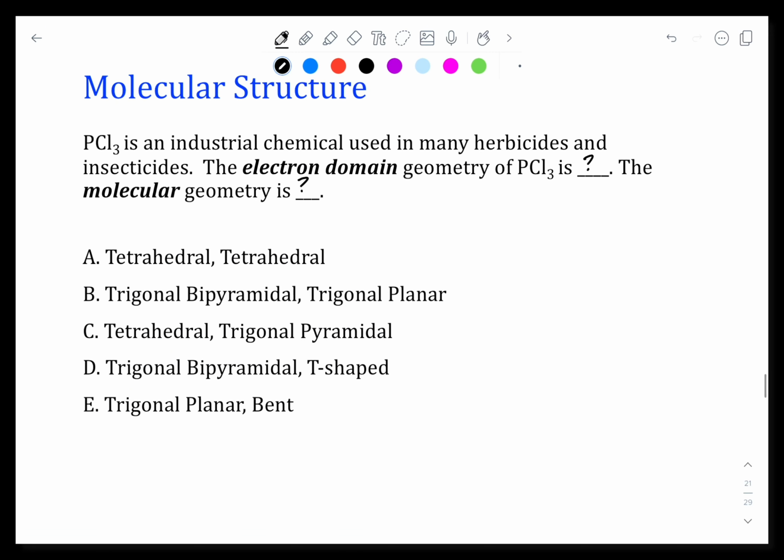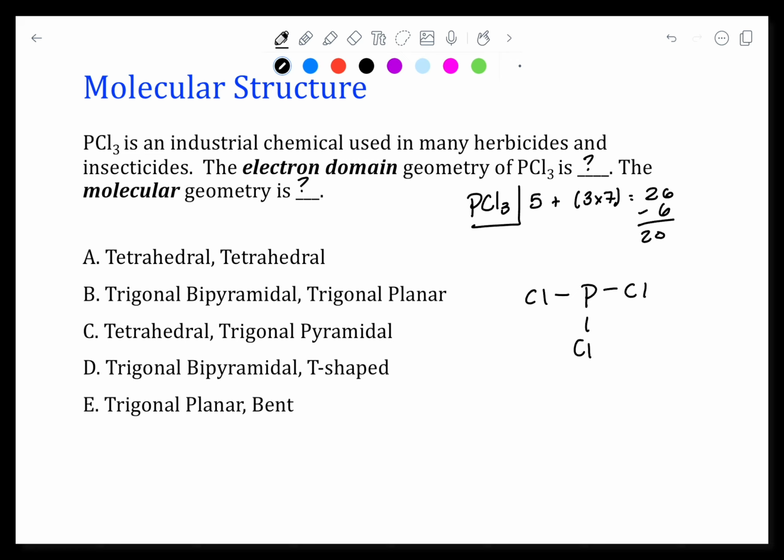PCl3, draw our Lewis structure. So phosphorus gives us 5 electrons, and then we get 3 times 7 from the chlorine, so we have 26 electrons in total. So we do phosphorus with 3 chlorines around it, so that uses up 6 electrons.